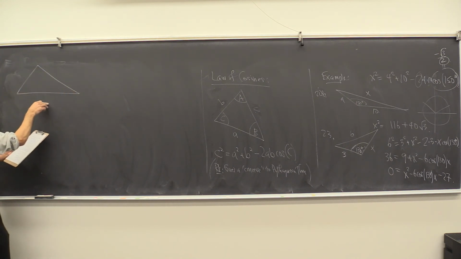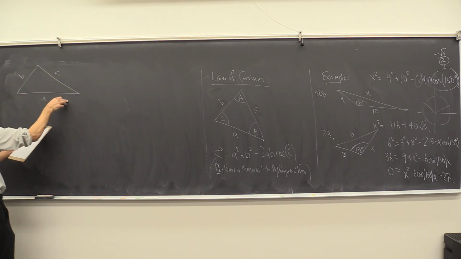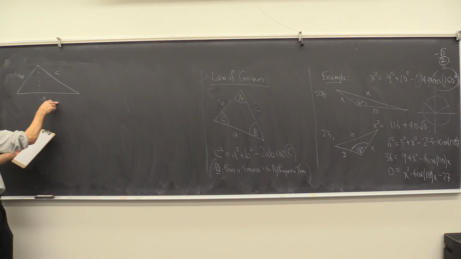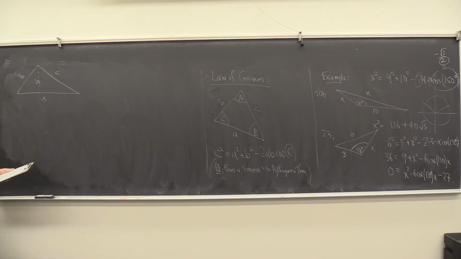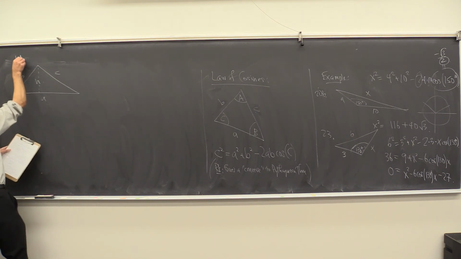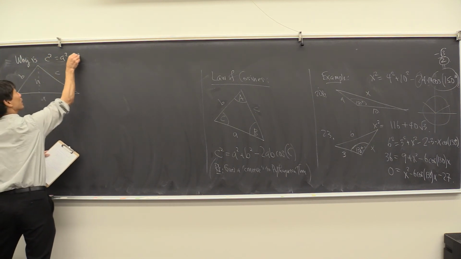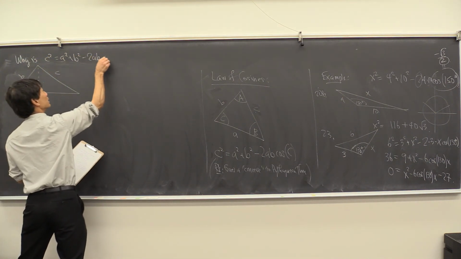So let's suppose that we have A, B, C like this, right? Why is c squared equals a squared plus b squared minus 2ab cosine c?